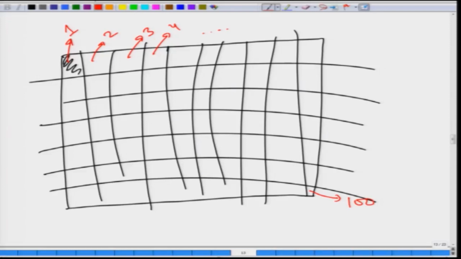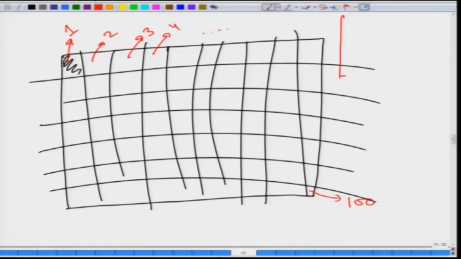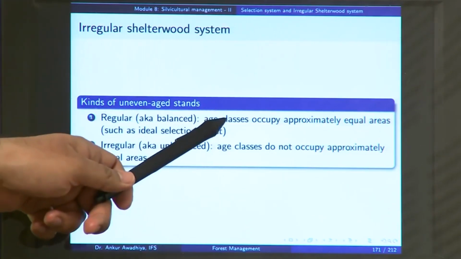Everywhere you are doing a clear felling, and you have raised your crops such that in every area, and all of these areas are equal areas, you have an even aged crop of that particular age class. If you draw the ND curve for such a forest, it will be an ideal selection forest, and this is a regular uneven aged forest, because here you have different age classes.